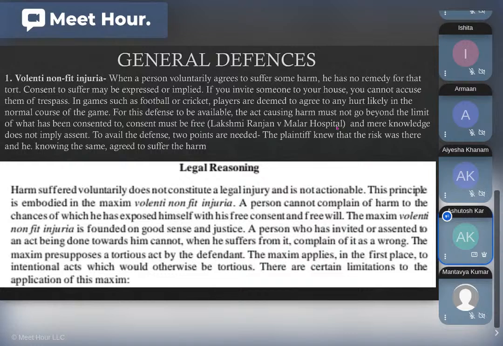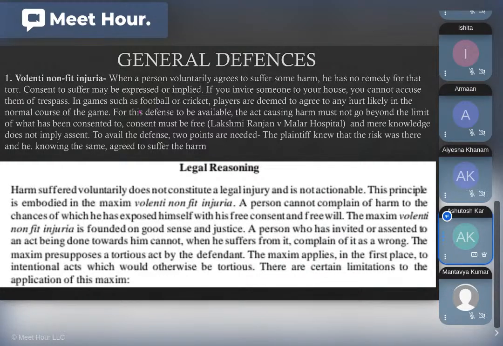Why? Because Lakshmi Ranjan's consent was obtained under duress here. The consent must be free. The consent which the plaintiff gives, that yes, I agree to suffer this much harm, must be free. Whereas she was in a sedated state, and you could not remove her uterus without her permission. So the hospital was supposed to restrict their activities only up to the consent. You had to do only as much as the consent given to you.